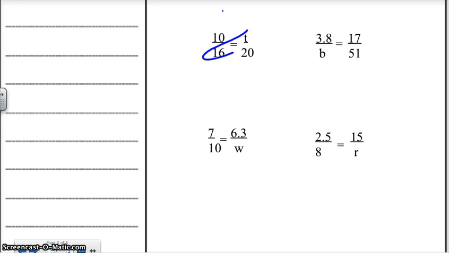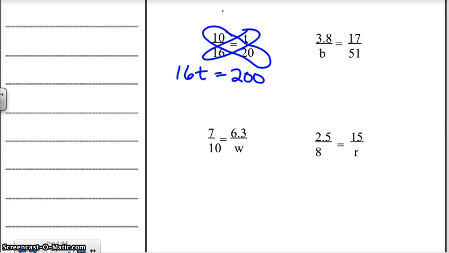I say 16 times t, which is 16t, is equal to 10 times 20. 10 times 20 is 200. That's the extent of the work I need to see. That shows that you're applying your cross product knowledge. And now we just solve.